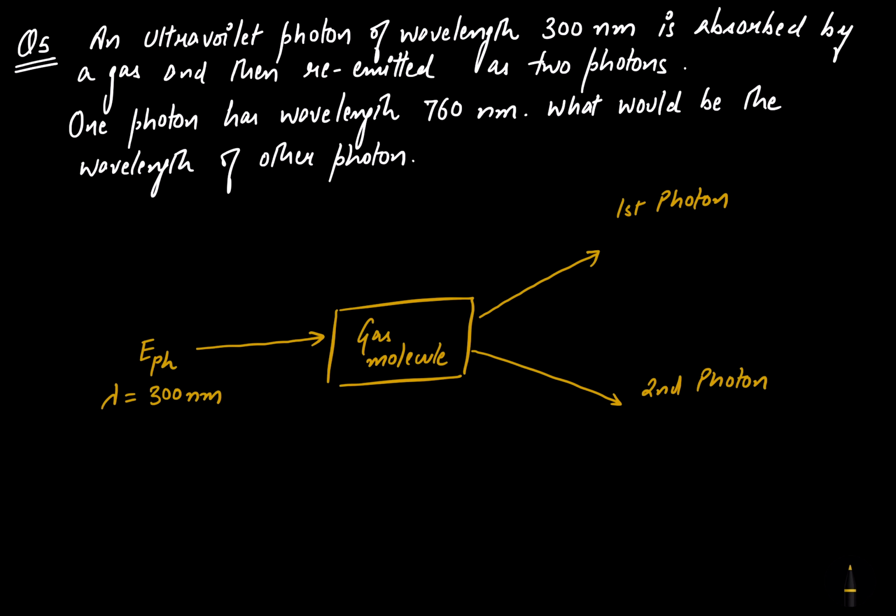The first photon will have the wavelength of 760 nanometers. Let it be lambda 1. It comes out to be 760 nanometers. Now the lambda 2 we have to evaluate. So hopefully my dear students, you got the situation. The question is saying that a gas molecule absorbs one photon whose wavelength is 300 nm, and then that gas molecule emits two photons, the one with the wavelength of 760 nm and the wavelength of second we have to evaluate.